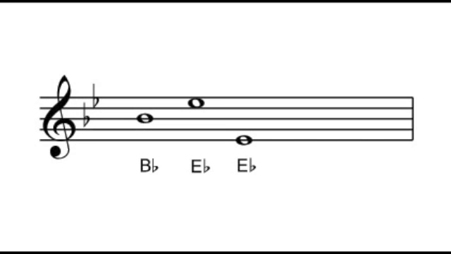And this dictates that all the B's are played as B flats. And we've also got a flat on the top space, affecting all the E notes, as in F-A-C-E, spells face, rhymes with space. And that flat symbol there dictates that all the E notes are played as E flat.